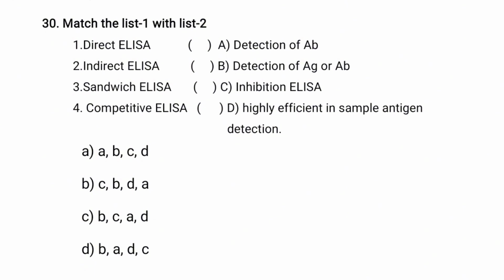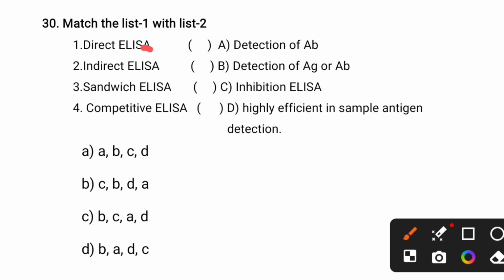Here you have to match list 1 with list 2. The ELISA types are given in list 1. Let's see the matching. Direct ELISA is correctly matched to detection of antigen or antibody. Indirect ELISA is correctly matched to detection of antibody.